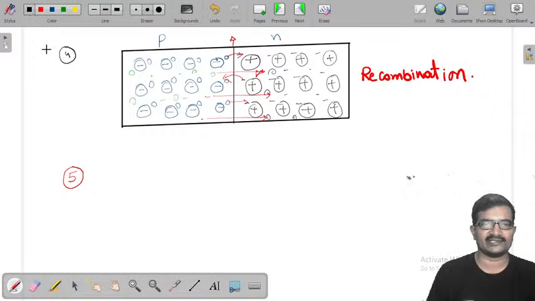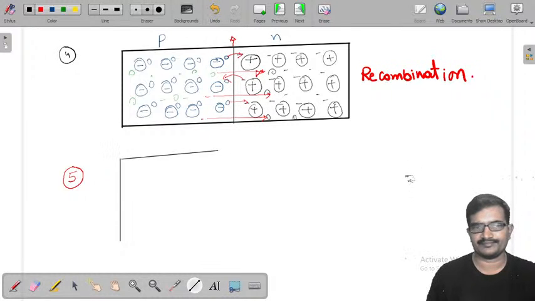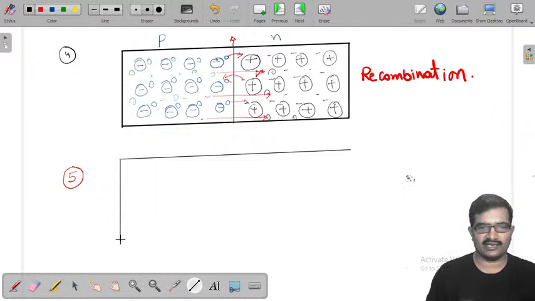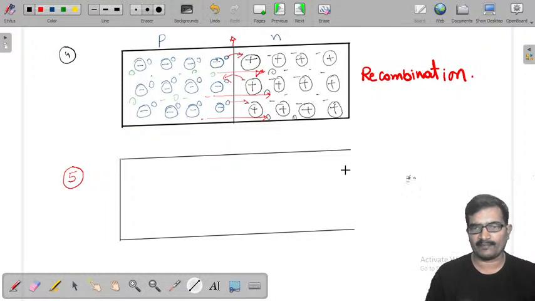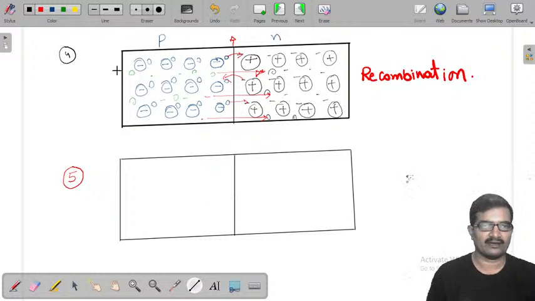Now your diagram is like this, after recombination. Every diagram is important. For your better understanding, I am writing multiple diagrams. Please take notes properly and get more benefit.